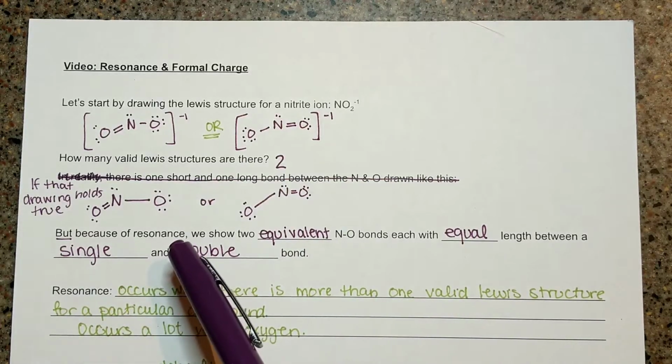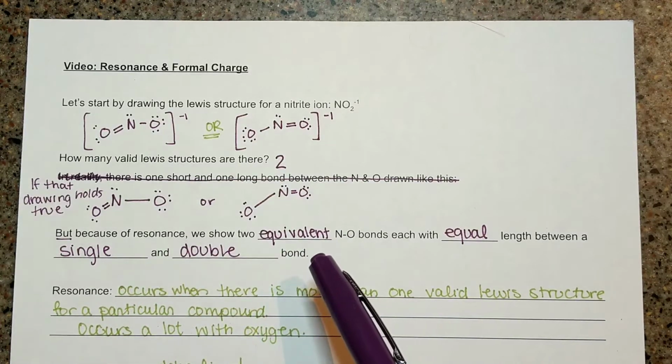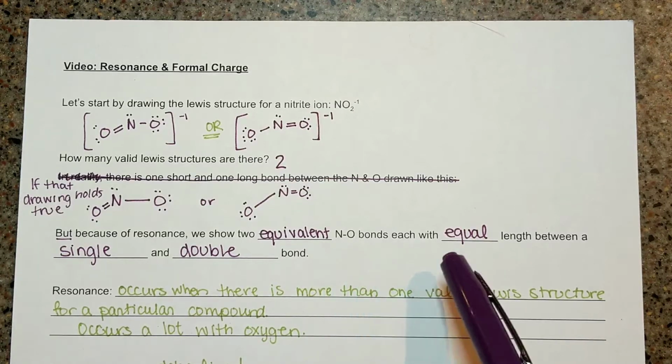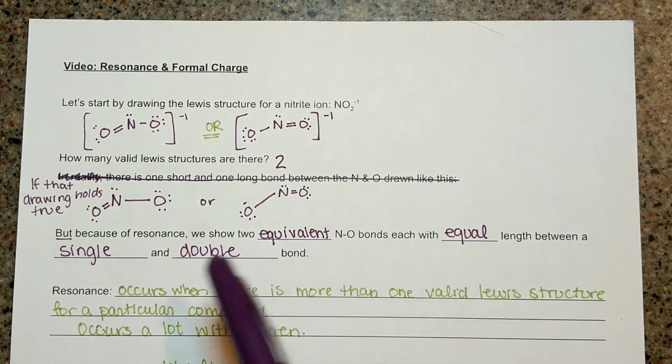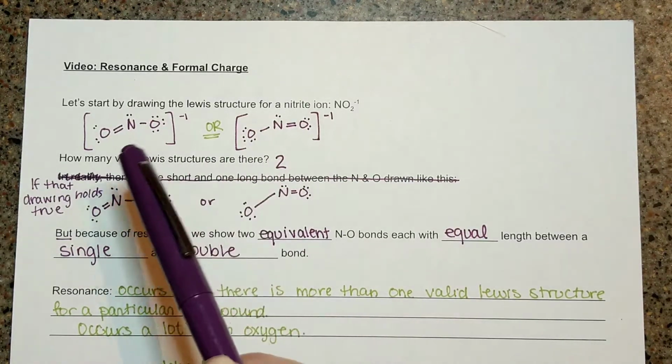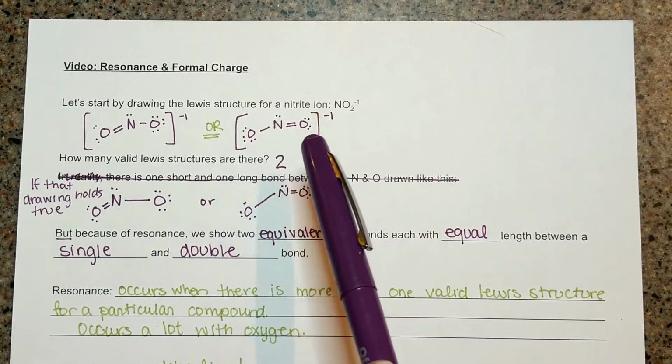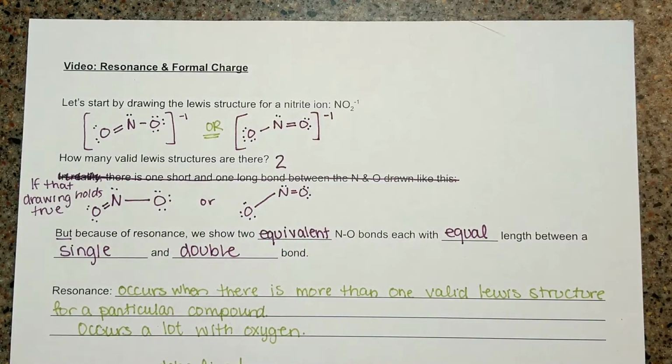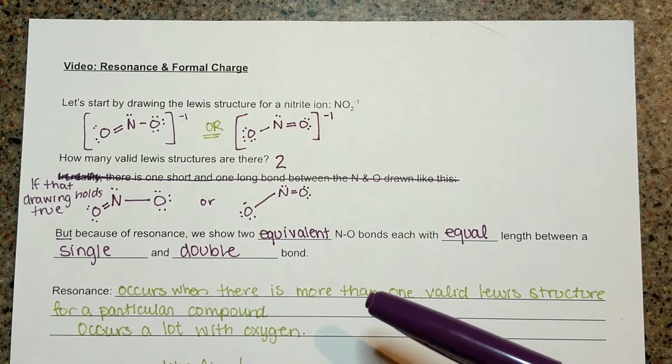Because of something called resonance, we can show two equivalent nitrogen-oxygen bonds, each with equal length between a single and a double bond's length. Before, we talked about how single bonds were longer than double bonds, but when we draw these, we don't draw one as much longer than the other. That's because there's something called resonance occurring.